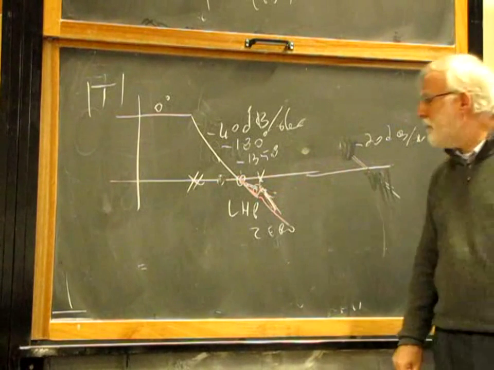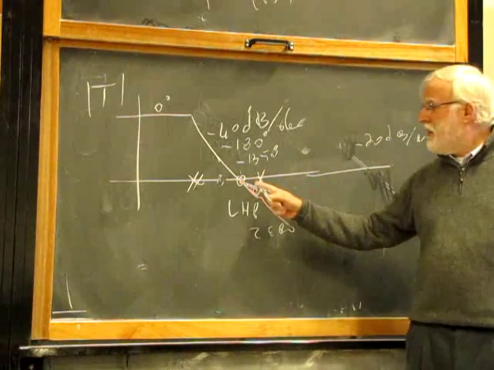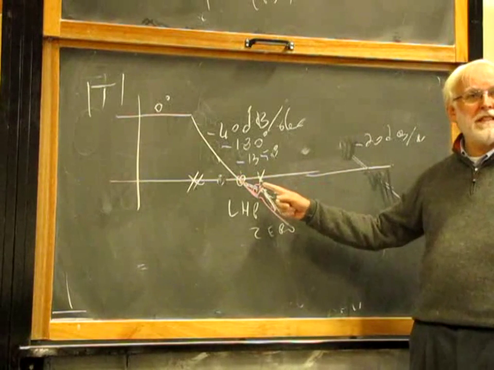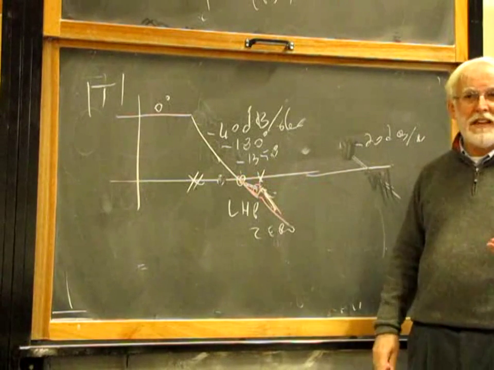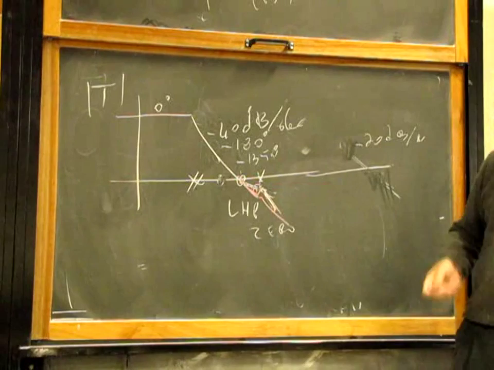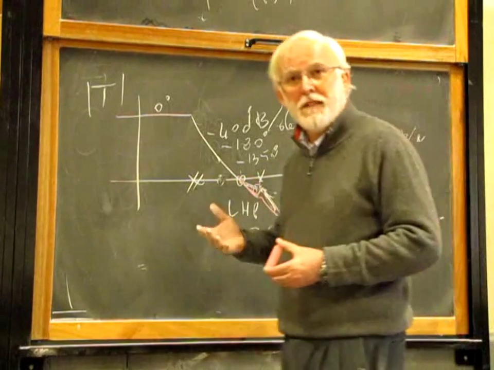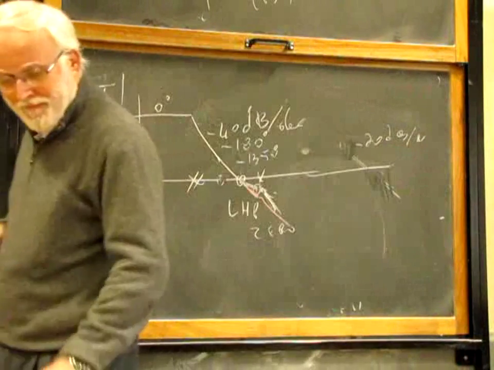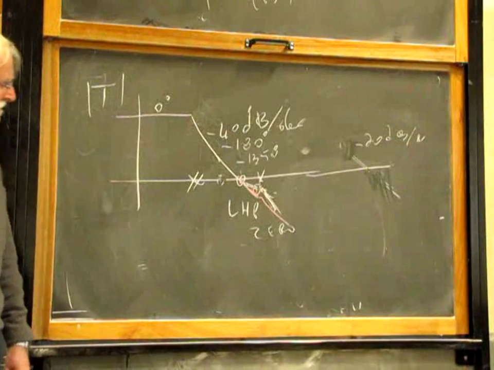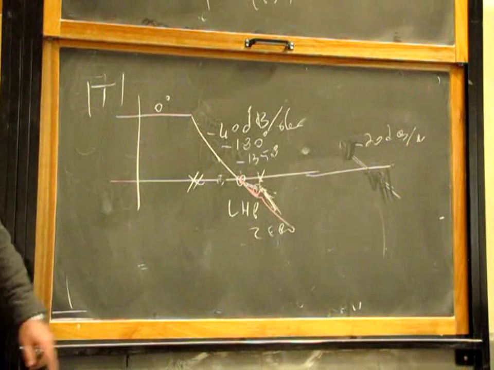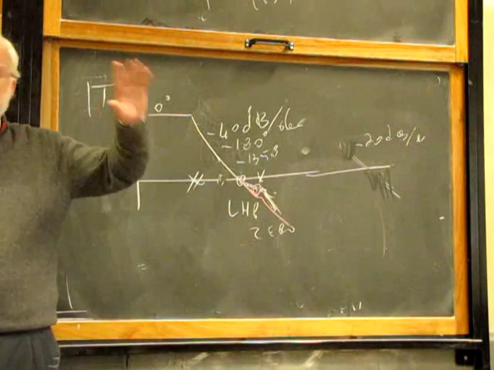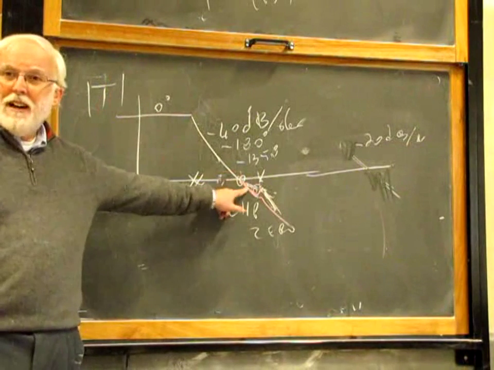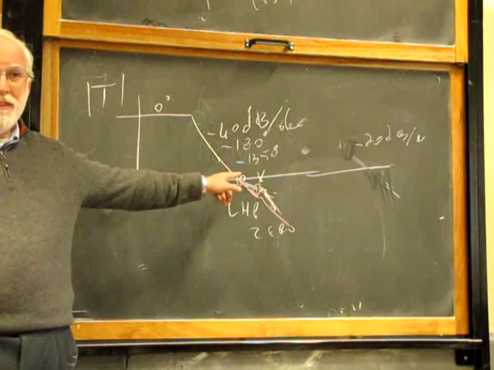Why? Because we lost the good service of the 0 that is boosting the phase, making my system more stable. When you add a 0 to your system, you increase the phase, so the phase margin improves. Oh, look, there is a left half plane 0 that moves higher and the system becomes unstable.